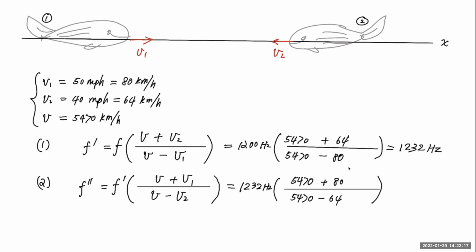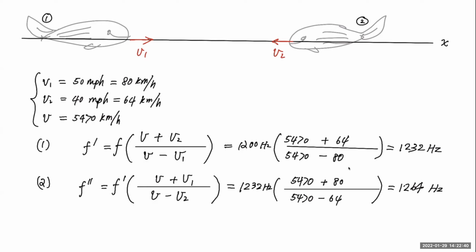So the answer is, once again, a factor a little bit greater than 1. So the answer this time is 1,264 hertz. So the first wave will hear an echo with a higher frequency than that heard by the second wave.